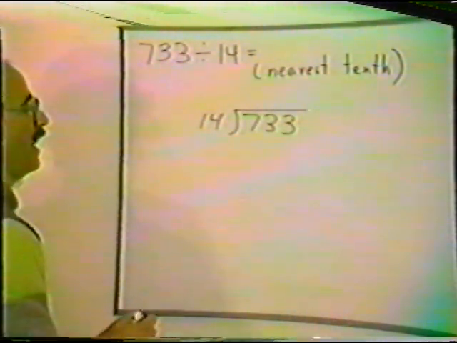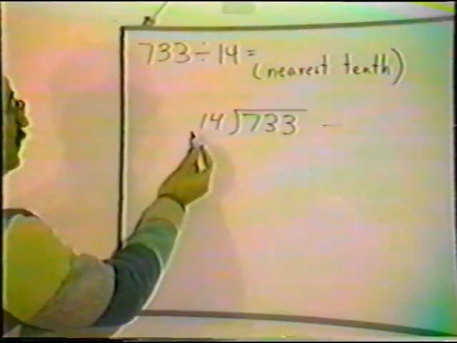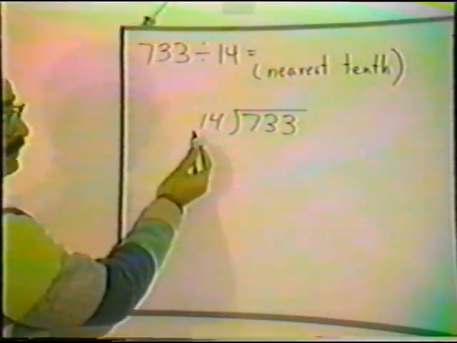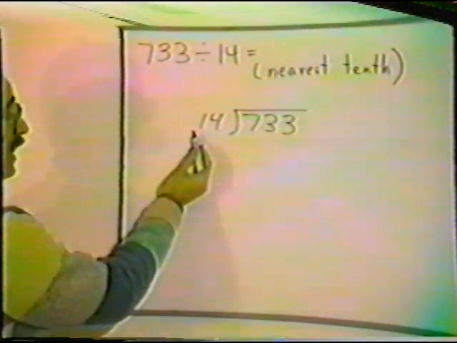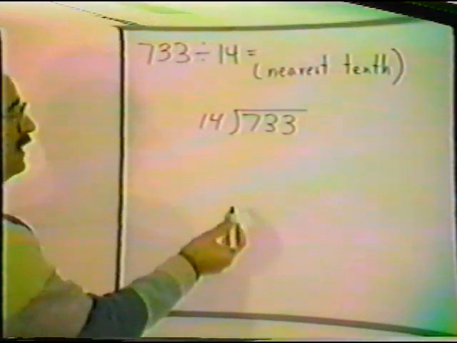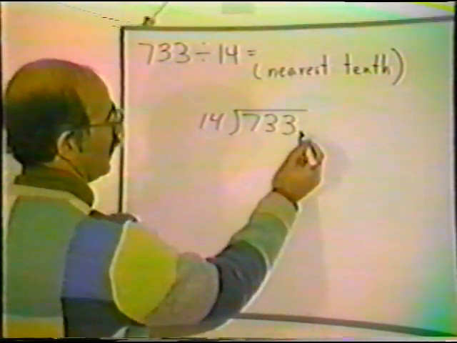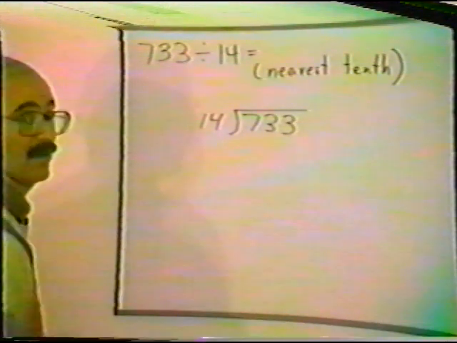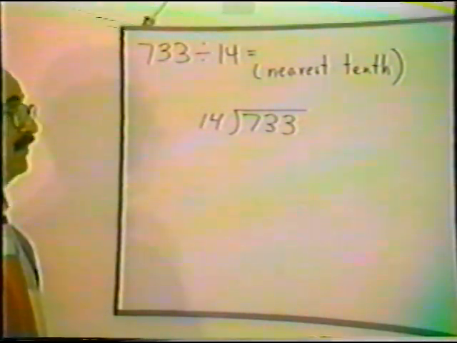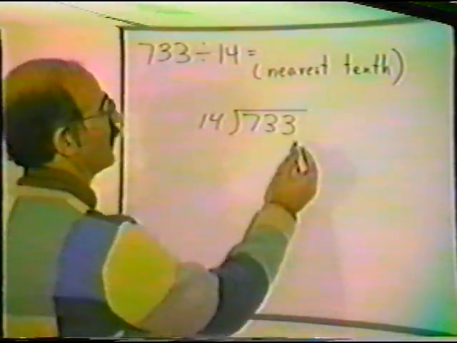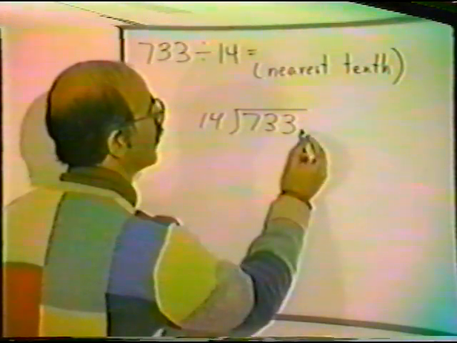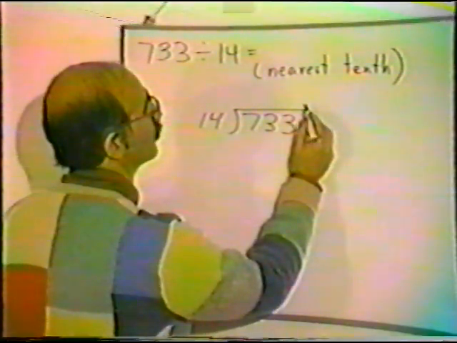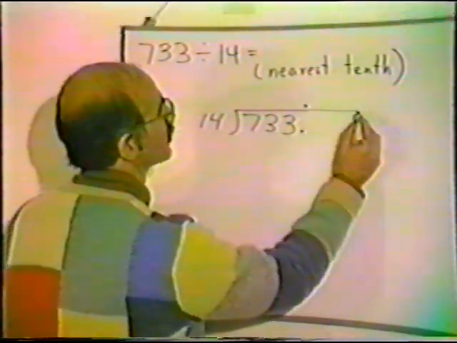Is there a decimal point in the number we're dividing by? No. So we don't have to move it. Is there a decimal point in this number? No. Not yet, but we're going to have to put one at the end because we have to put our decimal point in our answer.